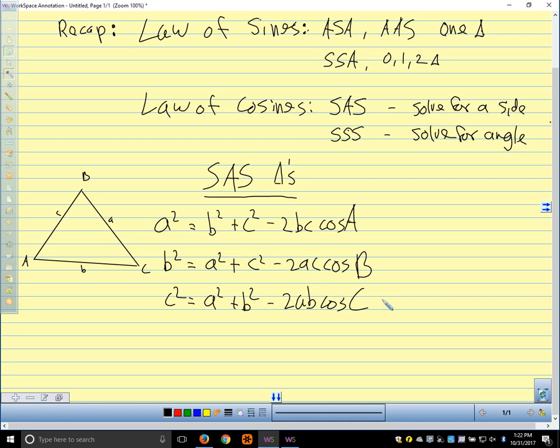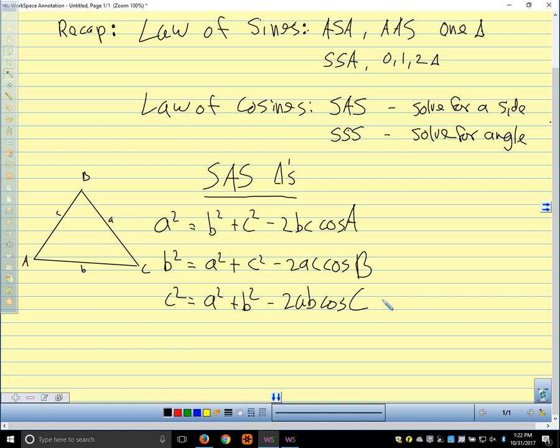Well, let's look at these. What does this look like? c squared equals a squared plus b squared. So what does it kind of look like? Pythagorean theorem. Well, what if C is a 90-degree angle? What if there is a right angle in the triangle? What is cosine C? What's the cosine of 90? 0. That goes away.